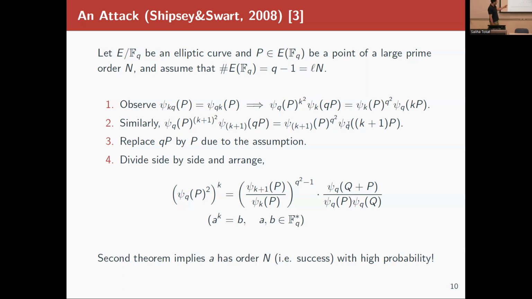If its order is 1, then we lose the information of k. So as an attacker, we want it to be n. If the order is n, then our attack is successful. And the second theorem implies that this term has order n with high probability.